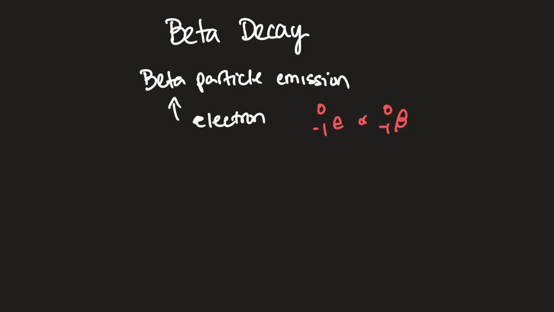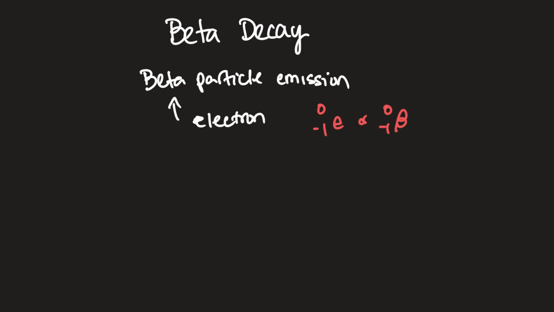But basically, it's kind of like losing a proton, but an electron is getting emitted. But as I said, beyond the scope of this video. The whole idea is you have this beta particle emission where the nucleus is changing.